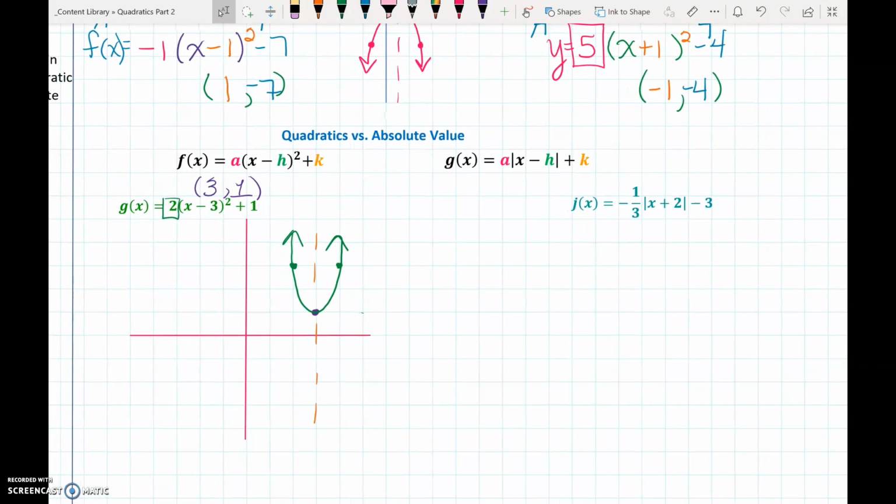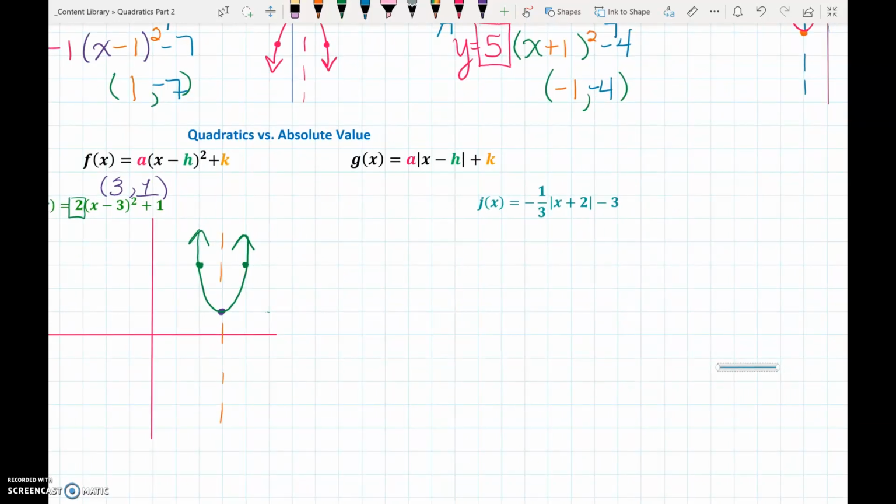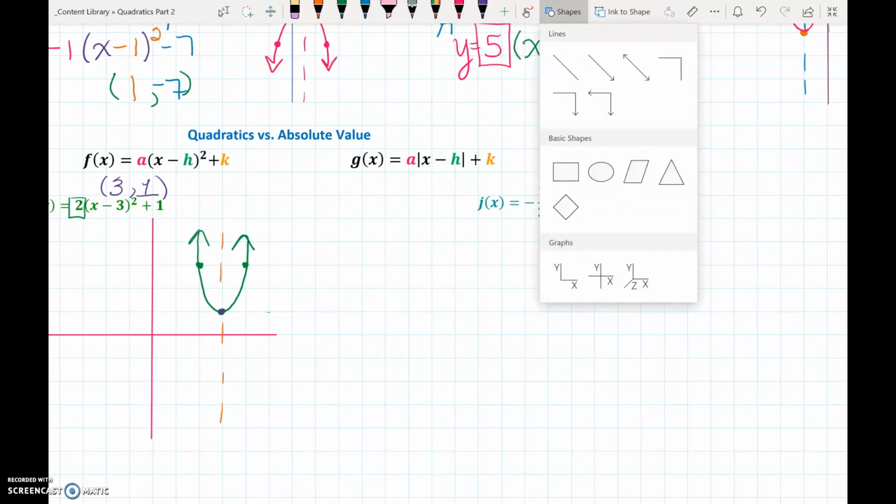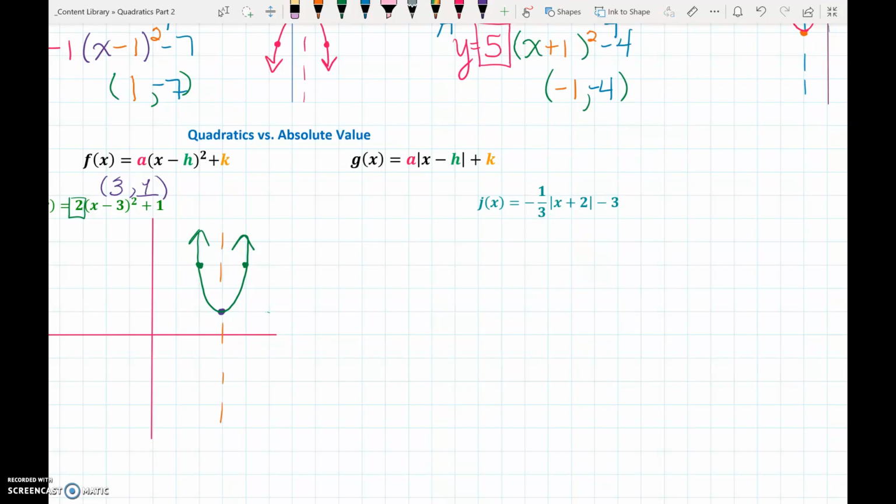Absolute value, on the other hand, I'm going to go ahead and set up my axis. Actually first I'm going to cheat because I want to see how I need to set this up. So find my vertex. I got a -2 and bring it down, a -3.